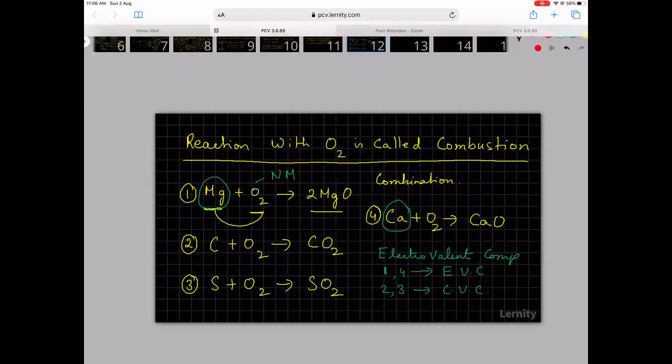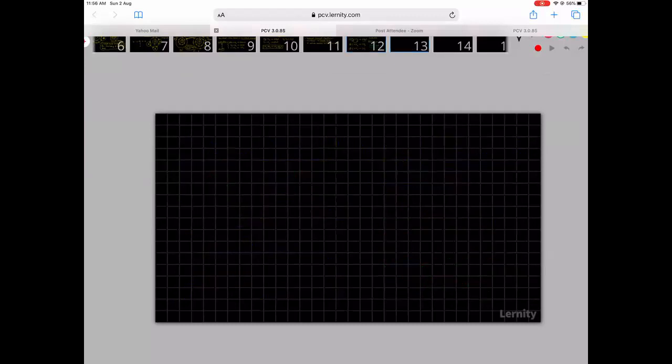Another thing that we need to understand is that in all combustion reactions, heat is released.